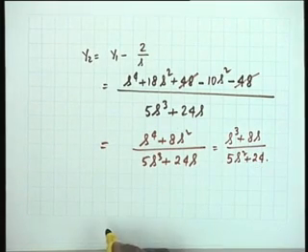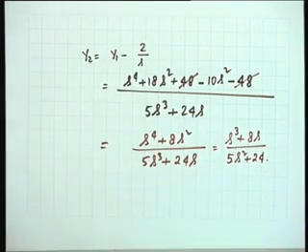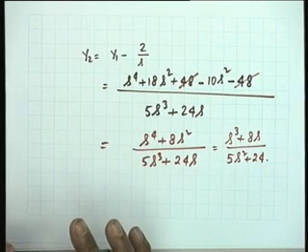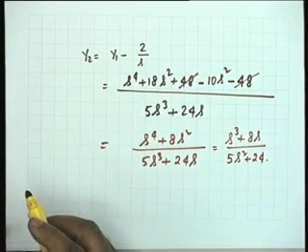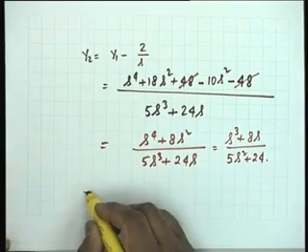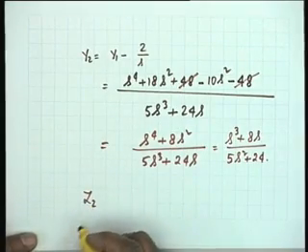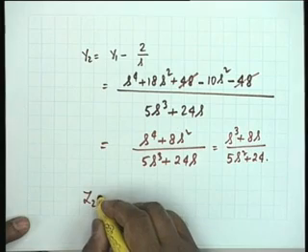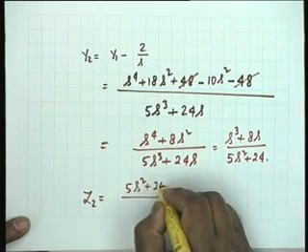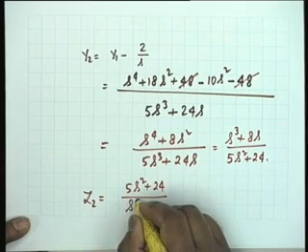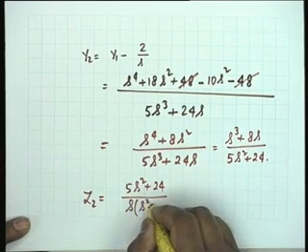Okay, and after y2, now you are perfectly safe to shift to Foster 1, because you look at the function Z2, Foster 1 means you take the impedance Z2, which is equal to 5s squared plus 24 divided by s times s square plus 8.